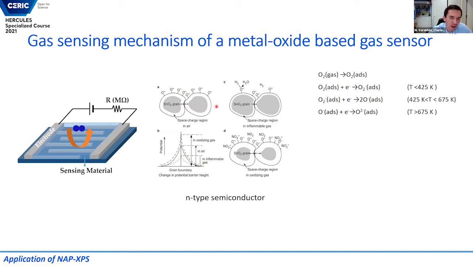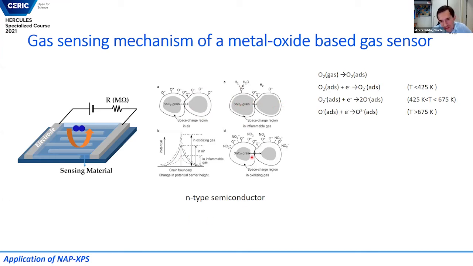And as soon as you expose such a surface to a bit of some reducing gas like hydrogen or CO or methanol, these molecules interact with the surface, you have a simple chemical reaction, and you decrease the number of oxygen atoms on the surface. This decreases the space charge region, and it decreases the barrier for the other electrons inside, so the current can flow through the layer.